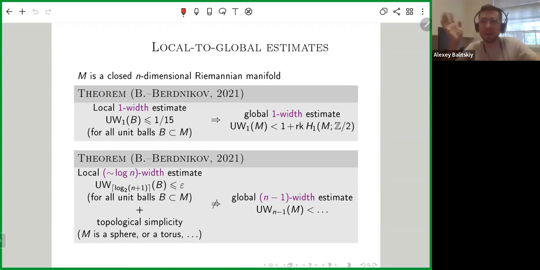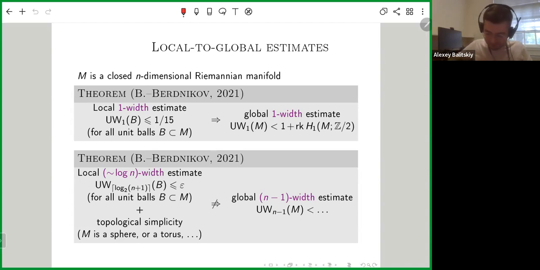So we have some partial results, some partial understanding. Some local to global statements do hold, but they take into account topological complexity as well, while the Urysohn width is only some kind of metric complexity. There's some fusion of metric and topological complexity which might survive this robust thing, and there might be some locality statements about that, but this is far from being understood well.